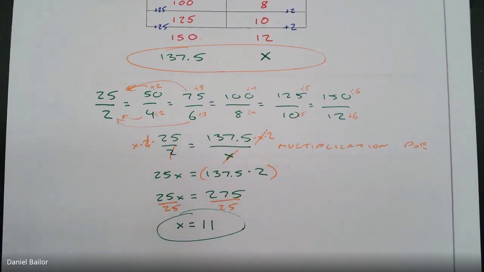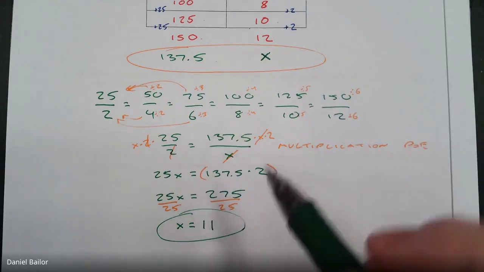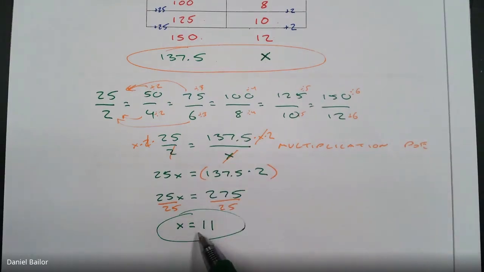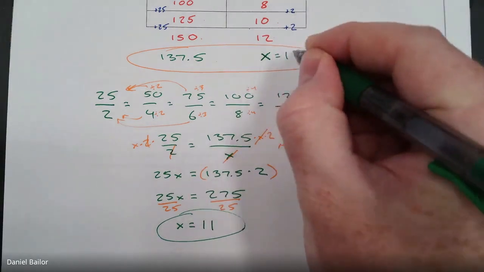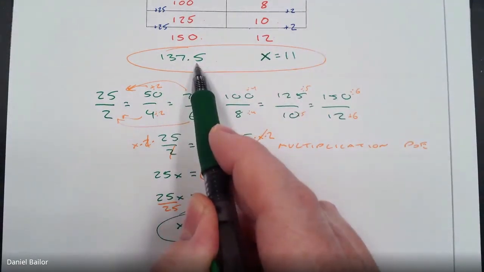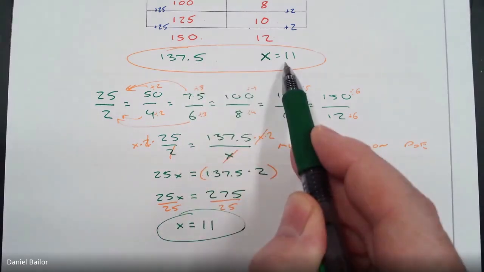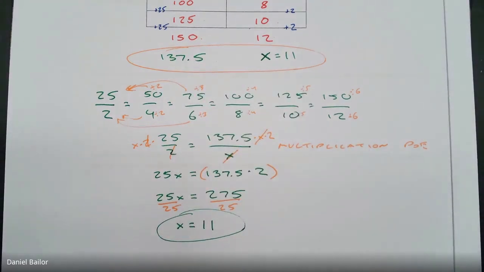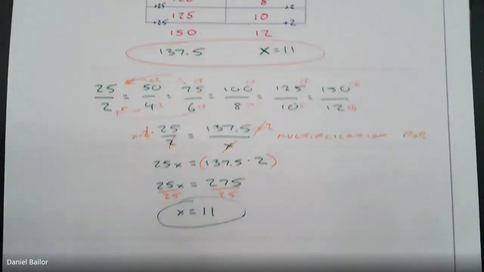That's our answer. x equals 11. So we know now that x equals 11. So it means that in 137.5 minutes, Paul can walk 11 miles. So that's how we find our solution.